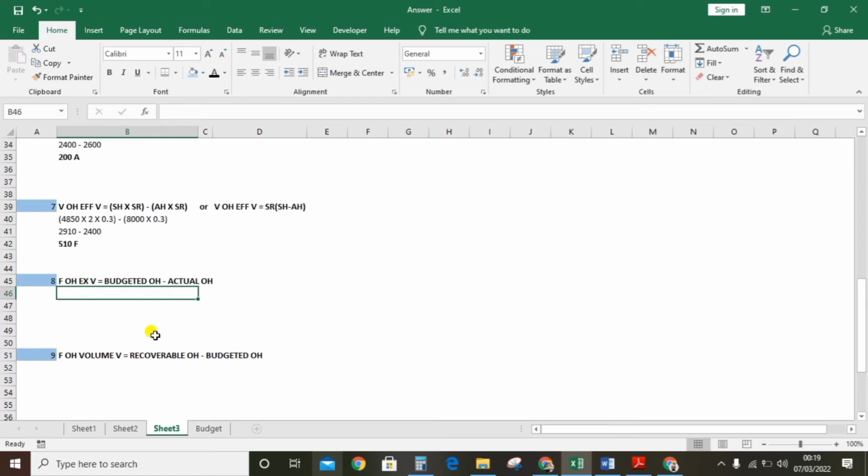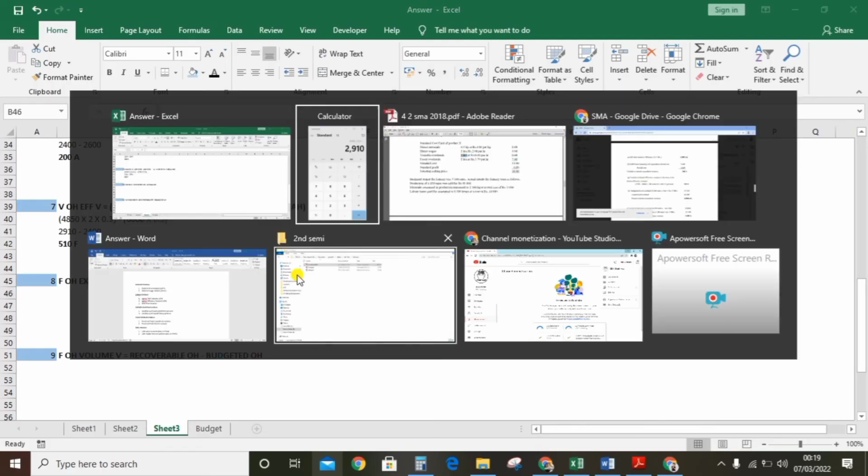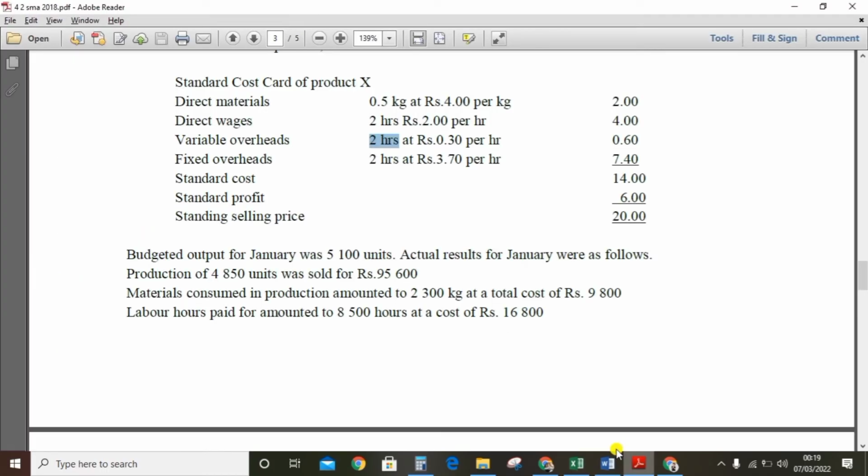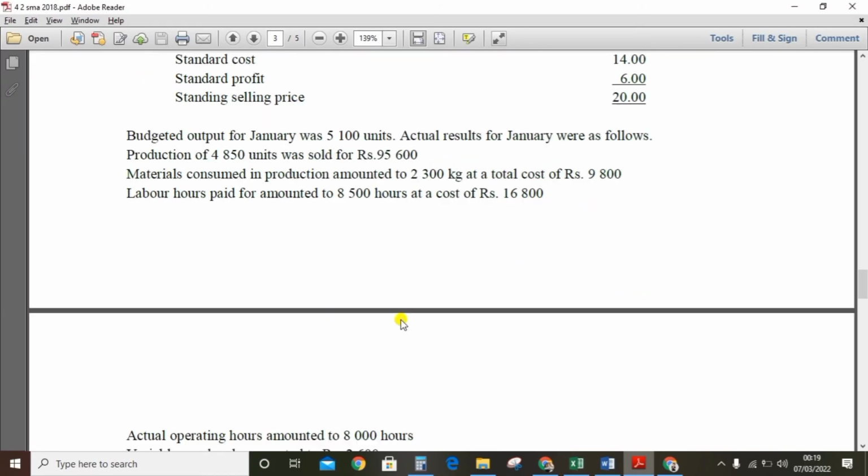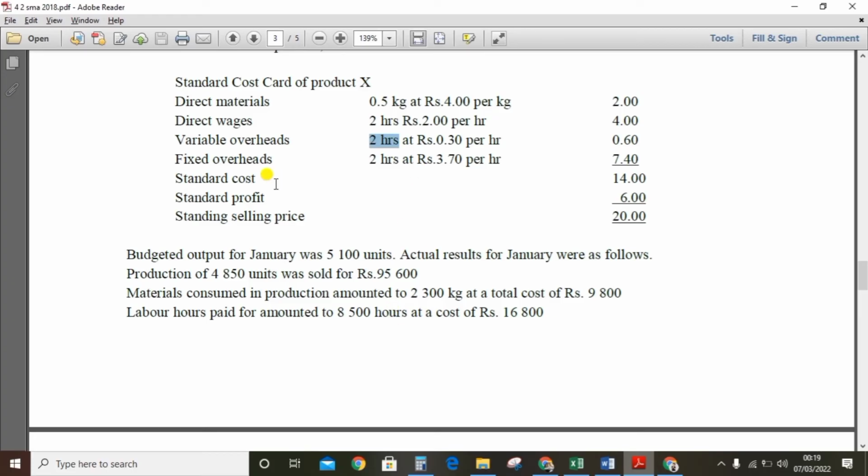Next, fixed overhead expenditure variance. The equation is budgeted overhead minus actual overhead. In the question paper, the budgeted overhead is fixed overhead 2 hours at the rate of 3.70 and total budgeted units 5,100.